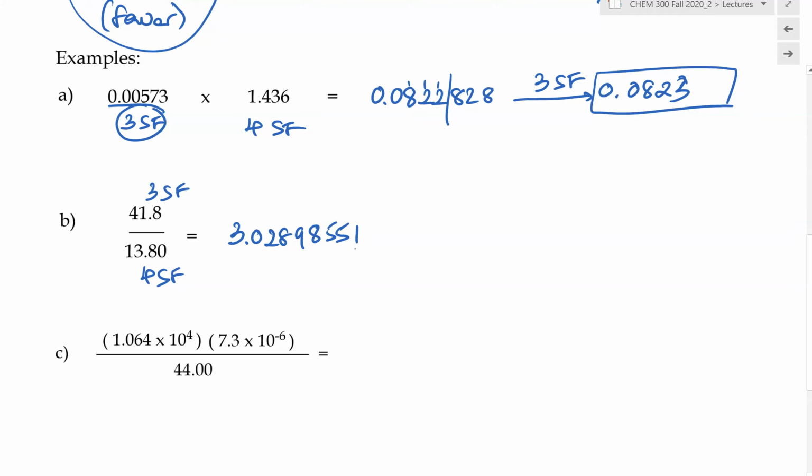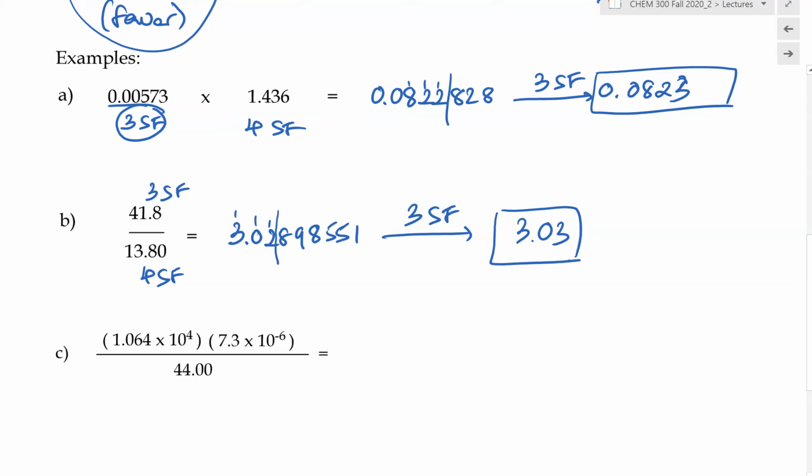So write out this unrounded answer. Now we know we need to round this to 3 significant figures as well: count out 1, 2, 3, and we cut it off right here. Because we cut off the 8, we have to round the 2 up. So this becomes 3.03, and that is our final answer.